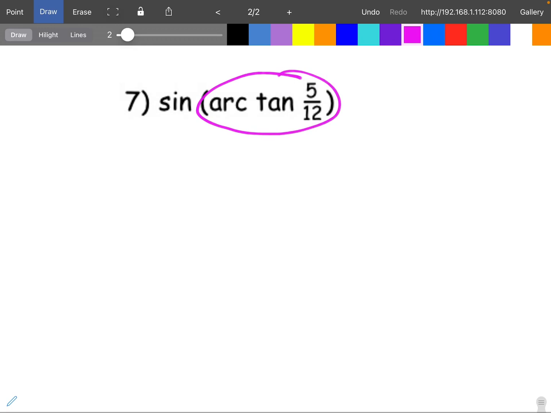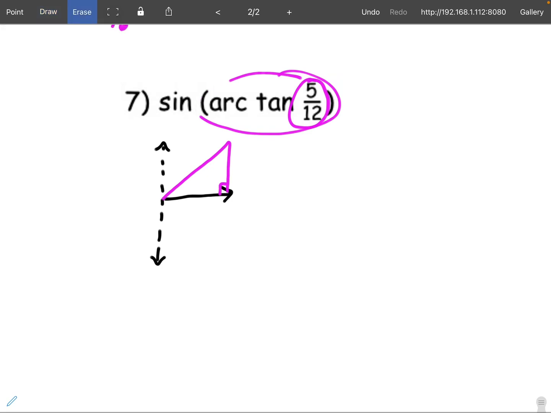So we have 2 separate functions, which means we're going to use this to set up my triangle. So I know that arctangent can only occur in quadrants 1 and 4. And we are looking for where the tangent would be a positive 5 over 12. Well, out of those 2 quadrants, 1 and 4, tangent is only positive in quadrant 1.